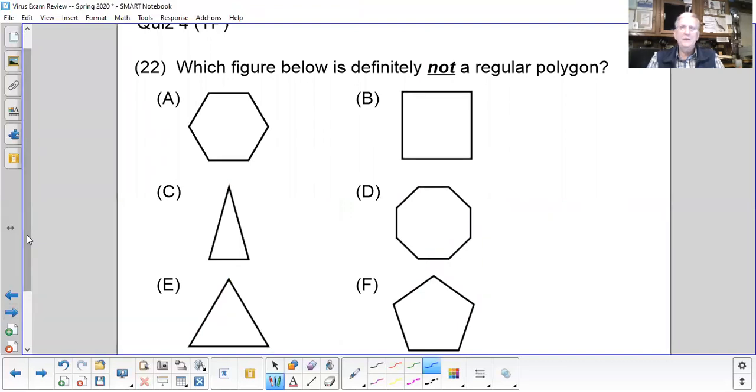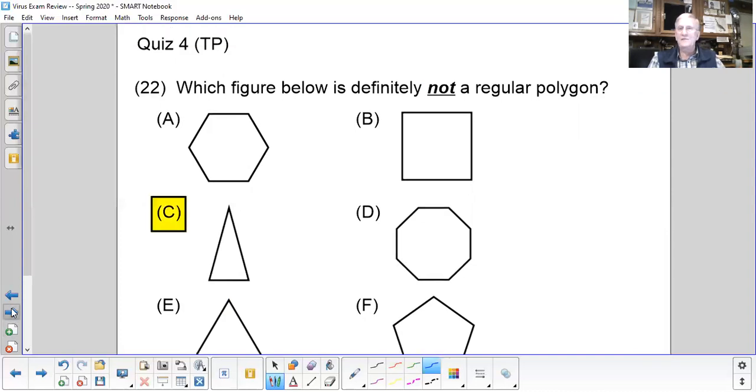Remember, to be a regular polygon, all the sides have to be exactly identical in length, and all the interior angles must be congruent. So which figure is not a regular polygon? Well, it's obviously C. That looks like an isosceles triangle. Only 2 sides have the same length.